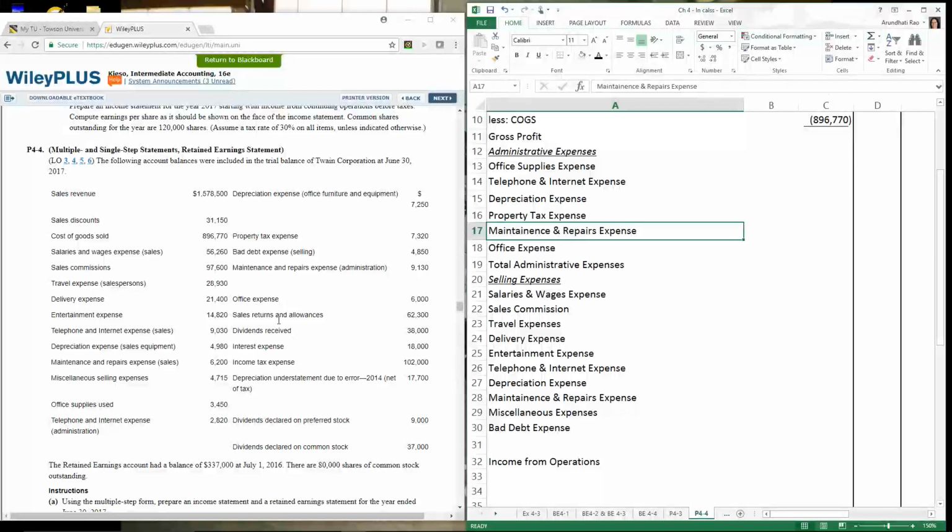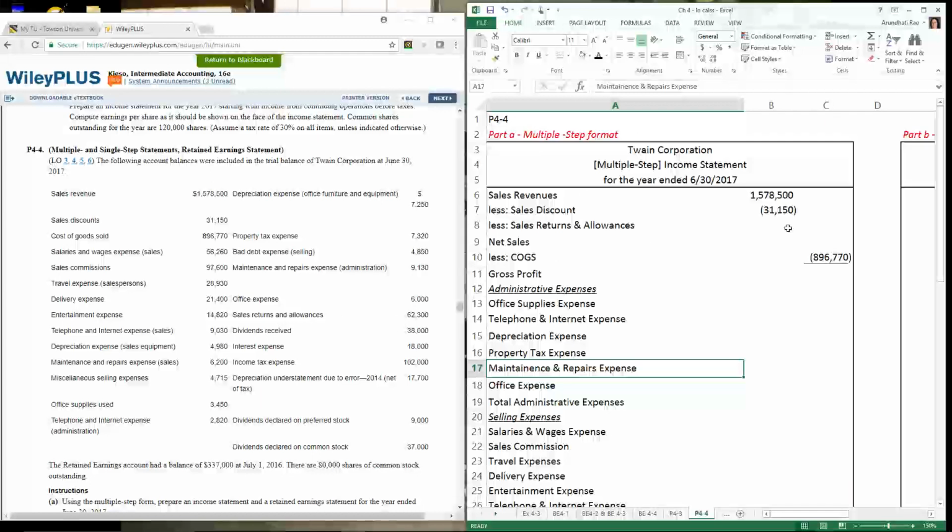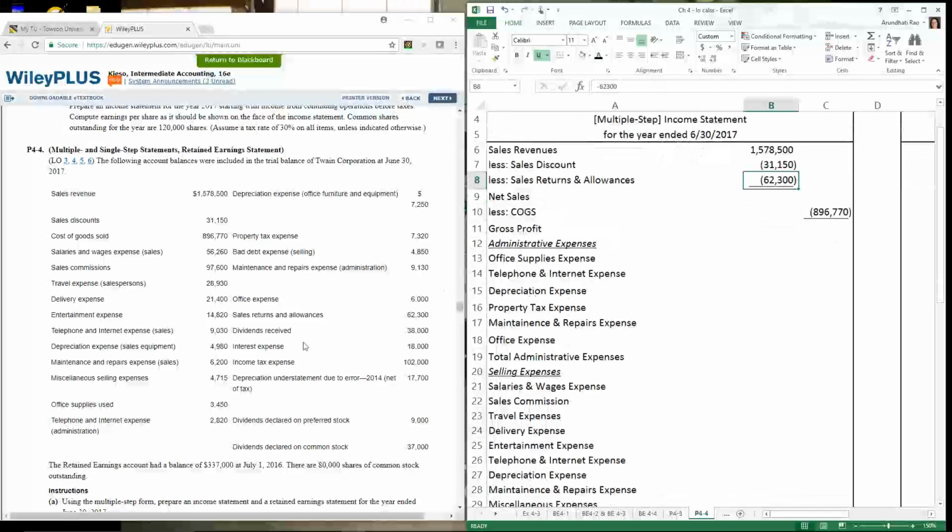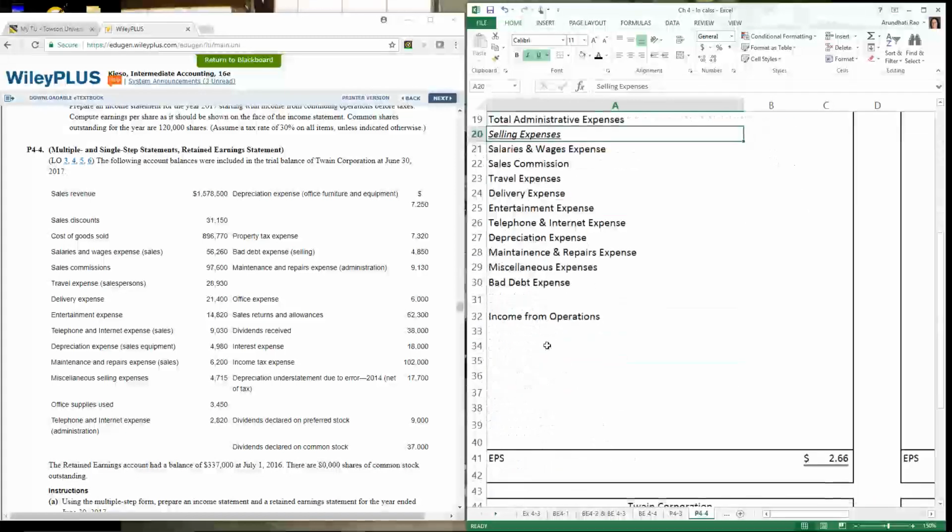Sales return and allowance, we do have this number. So I go back over here and plug the number in for sales return and allowance. Okay. Then we have dividends received. Dividends received is dividend revenue. So that will come over here.